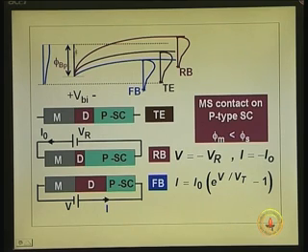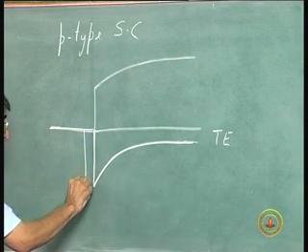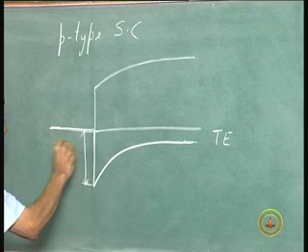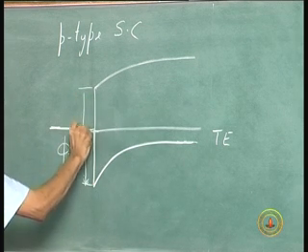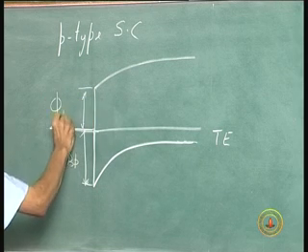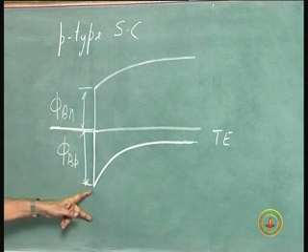Here this portion is the phi BB. If you go back here, this is the phi BB, okay, and this is actually phi BN. The sum of the two is equal to EG, the band gap.